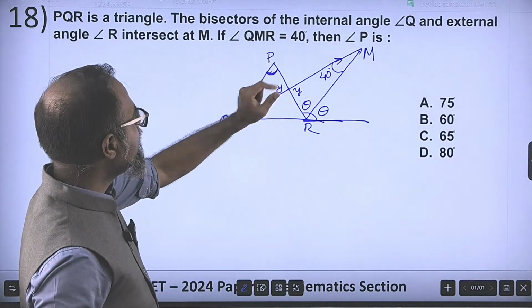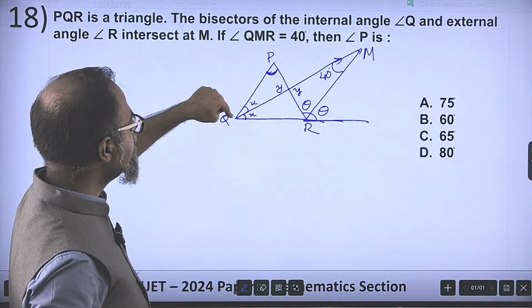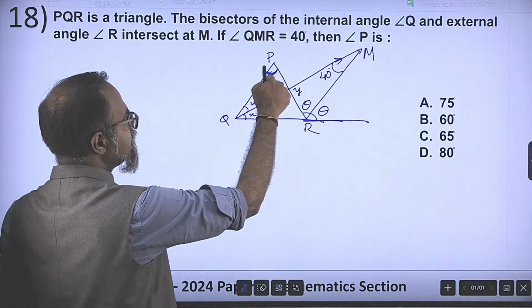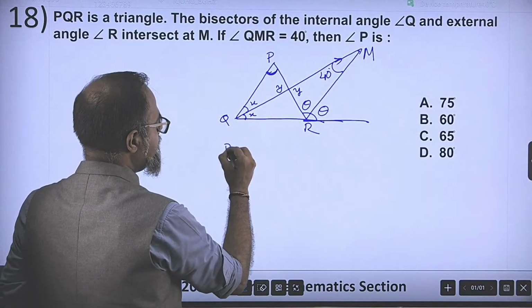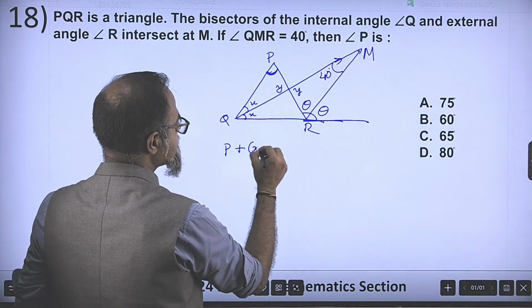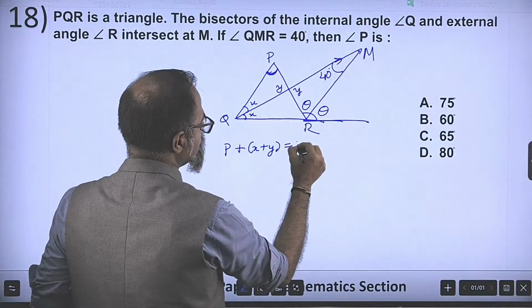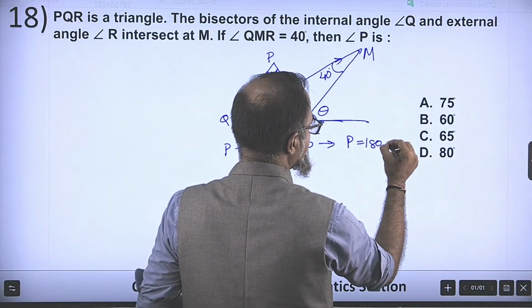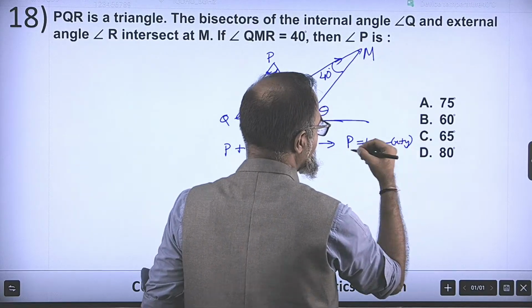So what will be angle P? Now the three angles for this triangle should add up to 180. So if I call this angle P, so P plus X plus Y should be equal to 180, which means 180 minus X plus Y will give me P.